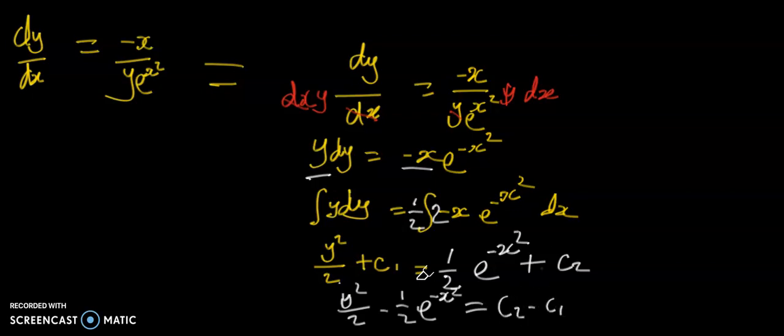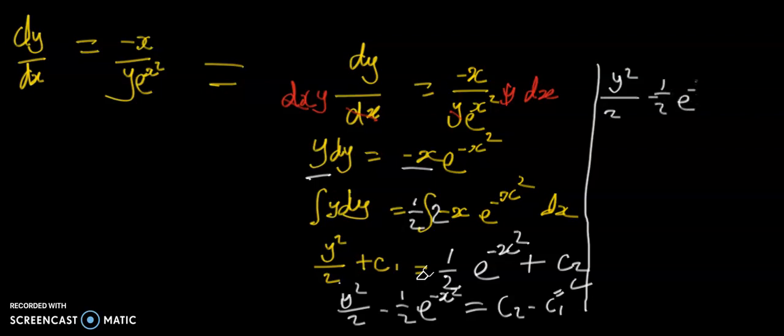Of course, since we don't know what this is, we can as well write it as C. So c2 minus c1 will simply be C, so that our answer will be y squared by 2 minus a half exponential negative x squared equals some constant C.